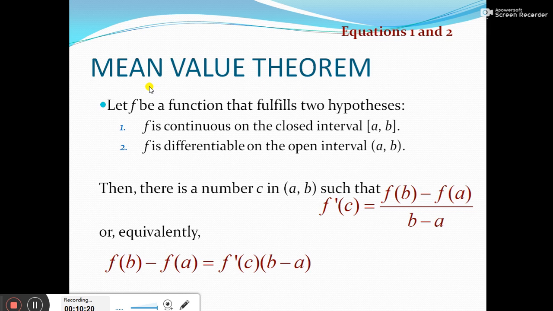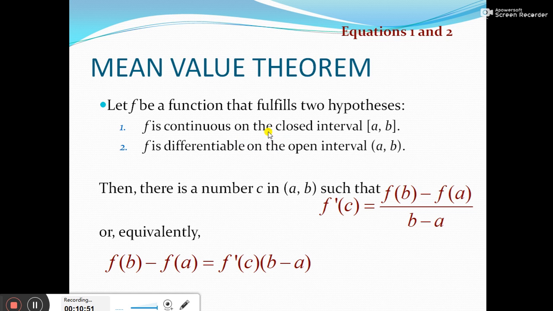This is also known as the LMV theorem, Lagrange's mean value theorem. In this theorem, we have two hypotheses. First one, f is continuous on the closed interval [a, b] and f is differentiable on the open interval (a, b). And now these two hypotheses are the same as for Rolle's theorem.